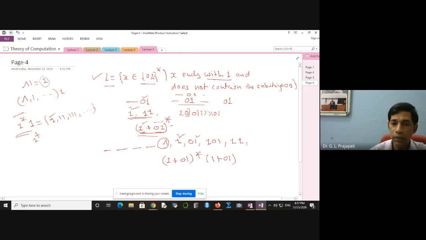So you have the 1. Similarly, the same 1 plus 0 1 Kleene star and concatenation with 1 plus 0 1, you can write here 1 plus 0 1 plus. So you can write like this. Okay. So this is the regular expression for this.